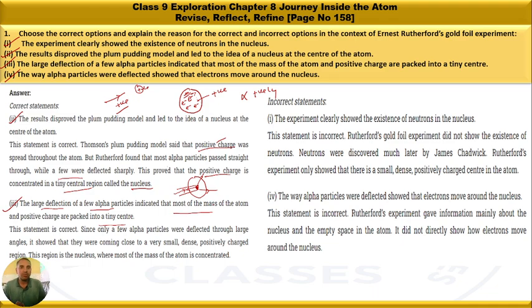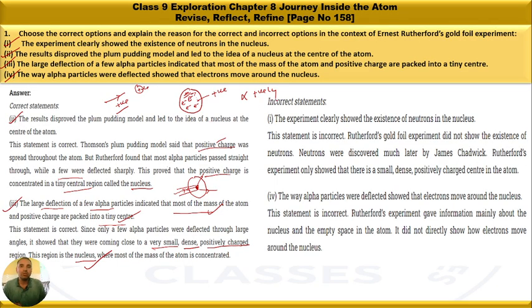So it shows that most of the mass of the atom and the overall positive charge are packed into a very tiny center. That tiny center is the nucleus. So a very small, dense, positively charged region is the center of the atom, and it is called the nucleus.